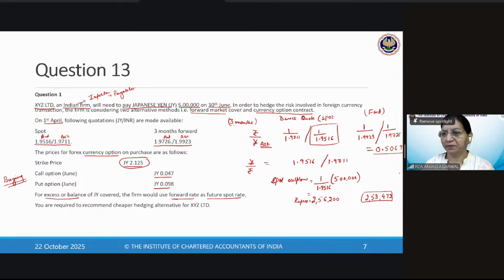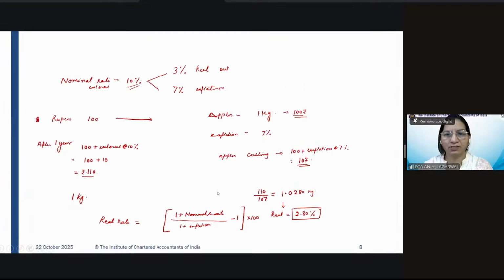Okay. 1 divided by 1.9726. This will be assumed to be the ask rate for the yen after 3 months. Now, for excess or balance, why do we say excess or balance? So let's look at the concept.